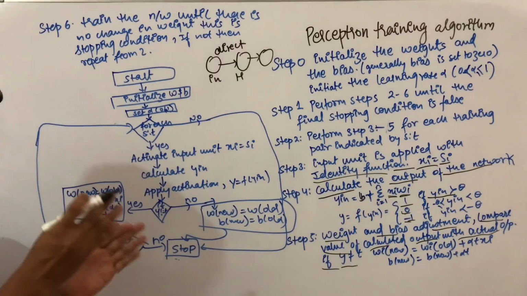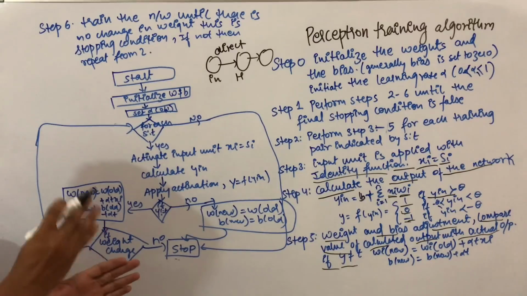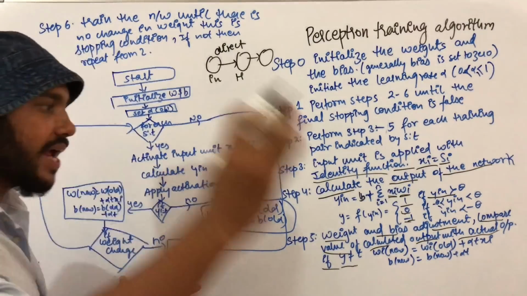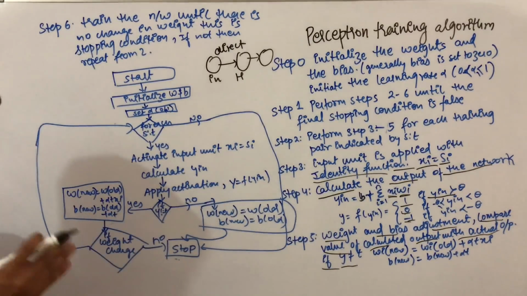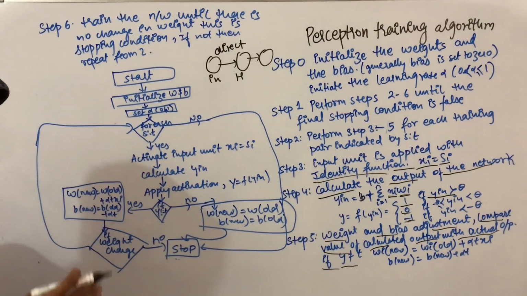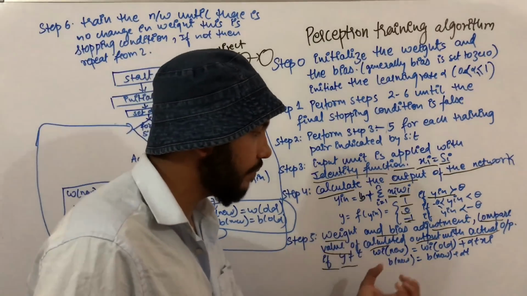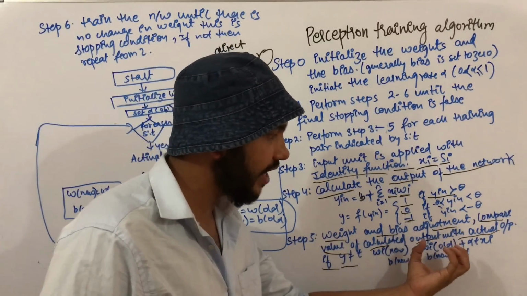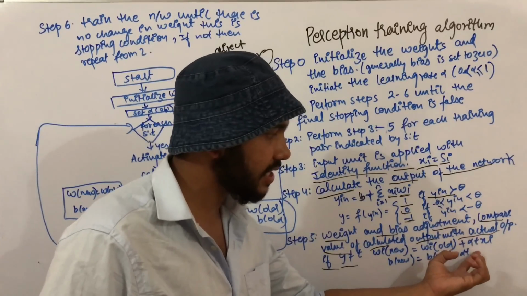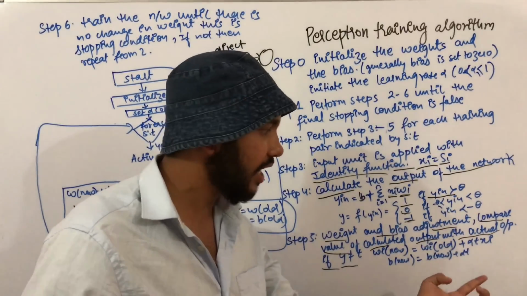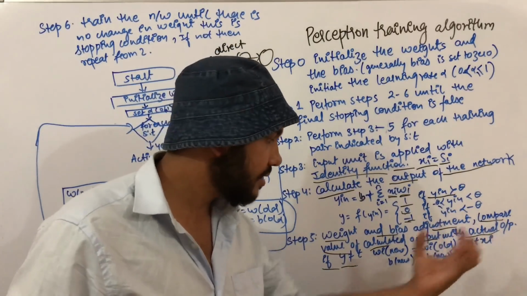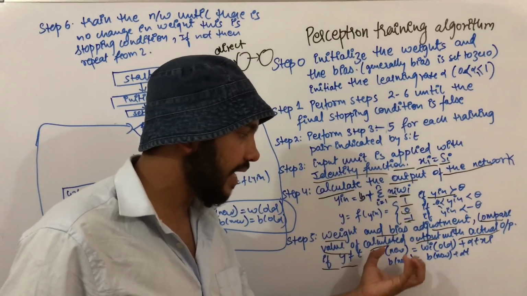If the value the network has calculated is not equal to the target value, then the new weight will be the old weight plus alpha, our learning rate, times t, our target value, times xi, our signal. And we will also update the bias.